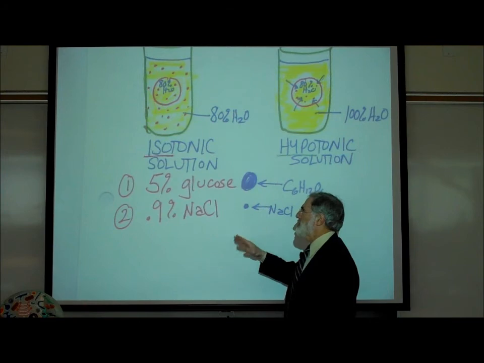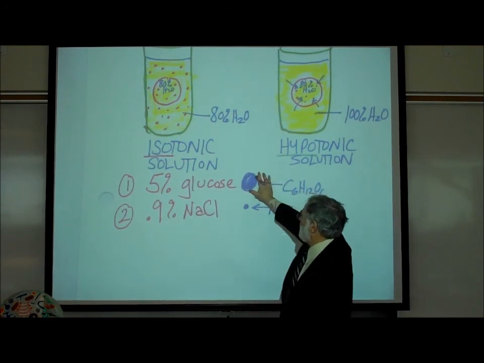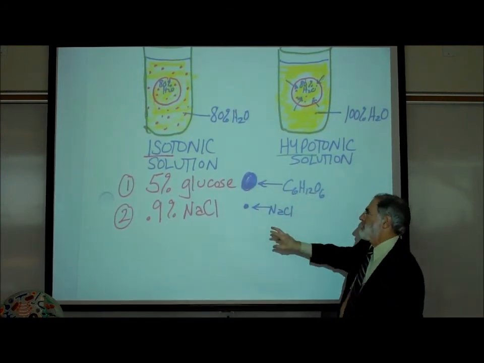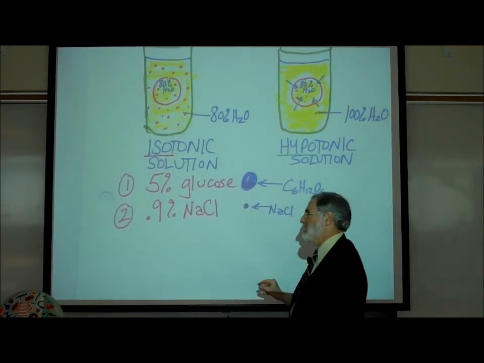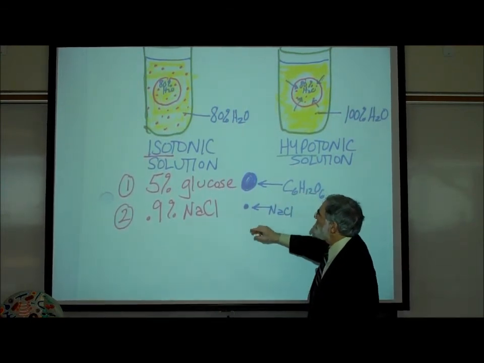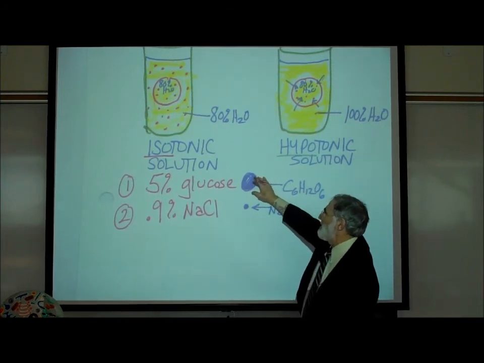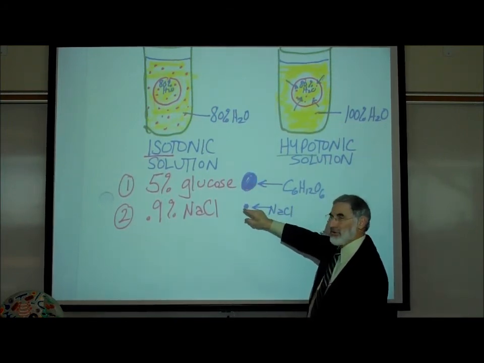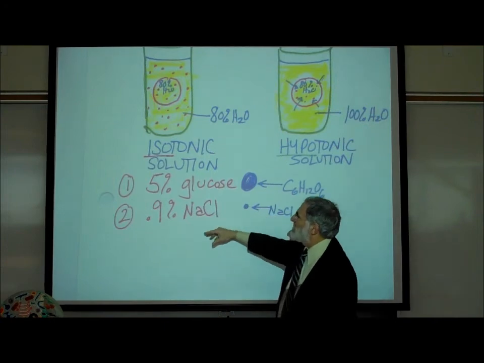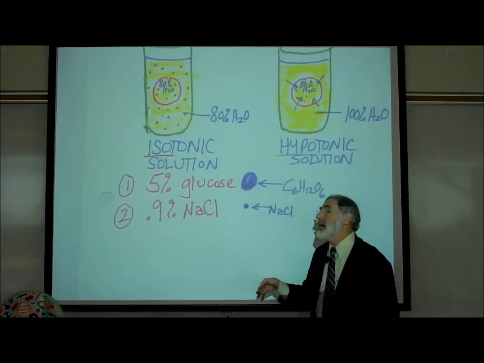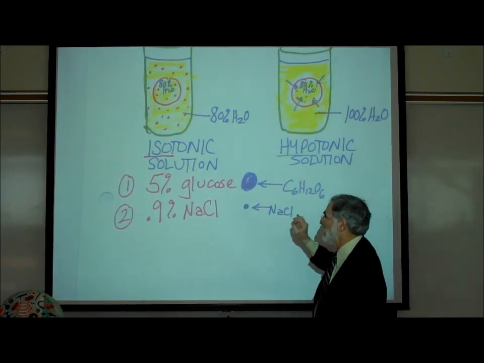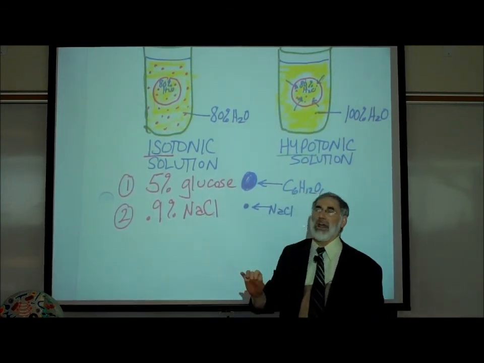So I want to remind you that a glucose molecule is a much larger molecule and weighs more than a salt molecule, which is much smaller and weighs less. So in other words, one molecule of glucose would weigh more than one molecule of salt. So in fact, 5 grams of glucose actually has the same number of molecules in it as 9/10 of a gram of salt.